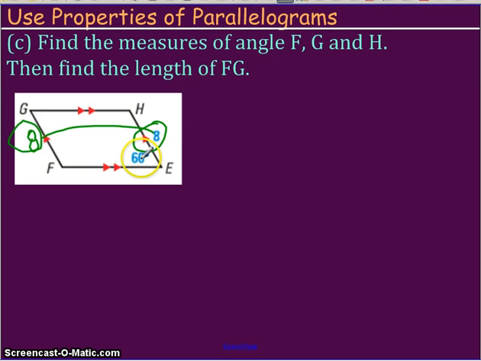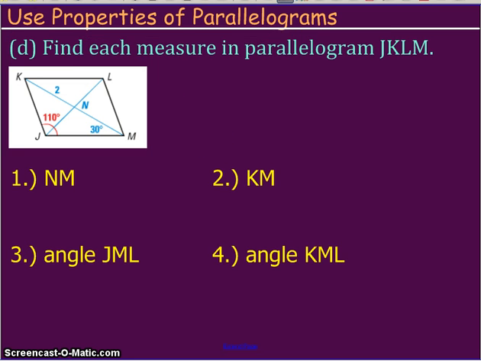And then if this is 60, then the opposite angle is going to be 60 degrees. And then these are going to be supplementary, so that's got to be 120 degrees to add up to equal 180. This 60 plus 120 will equal 180, and so we got all 3 of the angles marked.